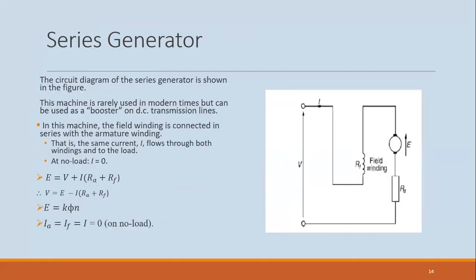Now a series generator has the field winding and the armature winding connected in series, as shown here. All right. They draw it like this. I mean, it's not necessary to draw it like this. We have this kind of U-shaped thing here.